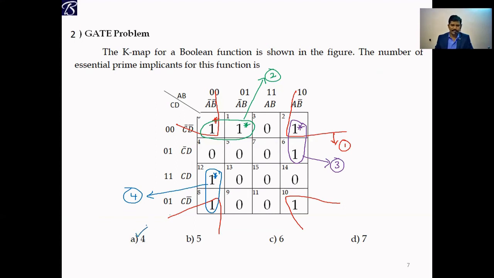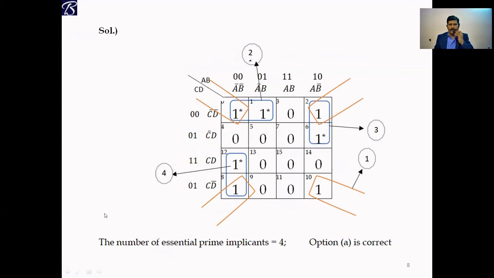So option A is correct. Total essential prime implicants are 4.